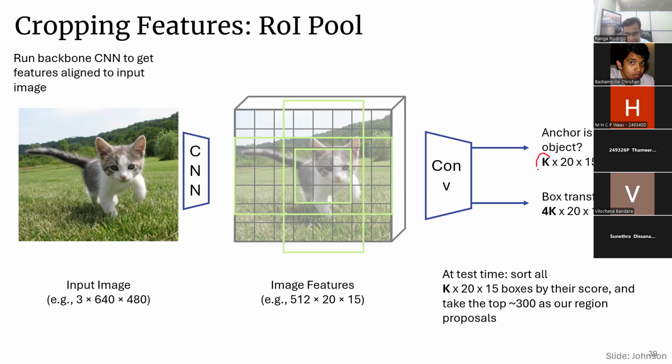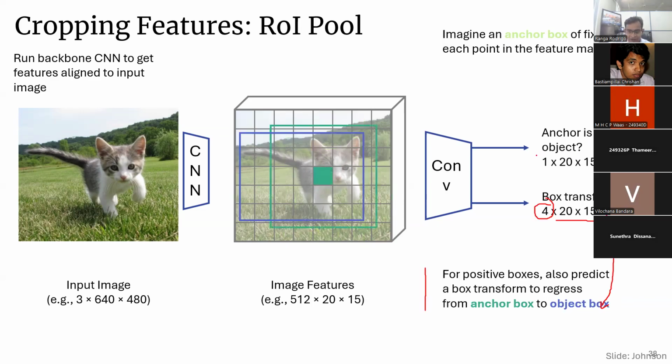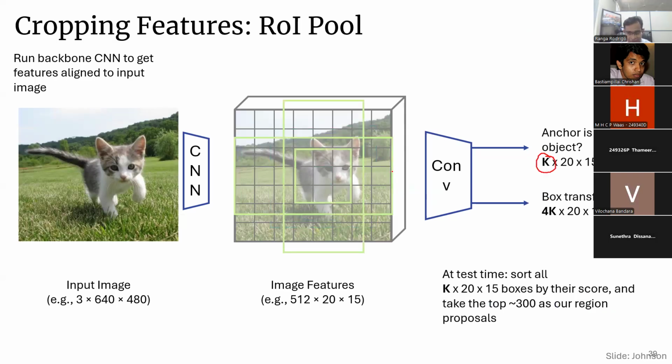If you take k of them, rather than just one anchor box at each cell location, you will have 4k box transforms. And you can see how this region proposal thing is successful on the CNN feature map. At test time, sort all the k boxes by their score and take the top 300 as our region proposals.